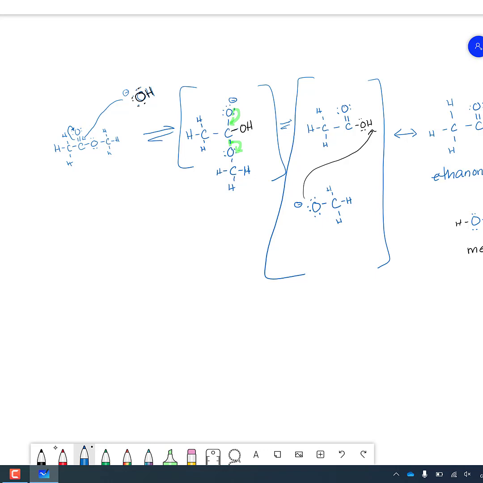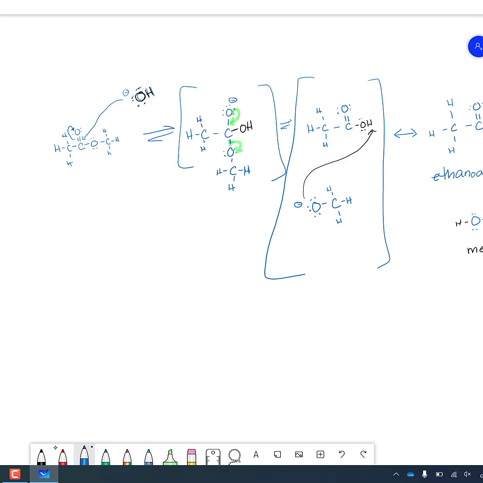And we've got ethanoate ion, which I have spelt wrong. Sorry, ethanoate ion, which will pair with the original sodium if we had used sodium hydroxide as the strong base catalyst.